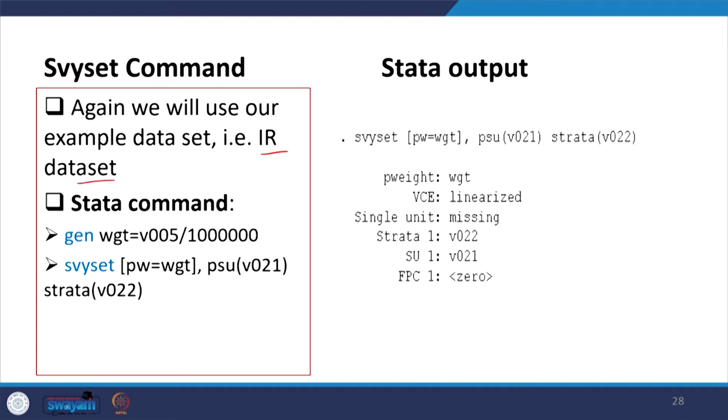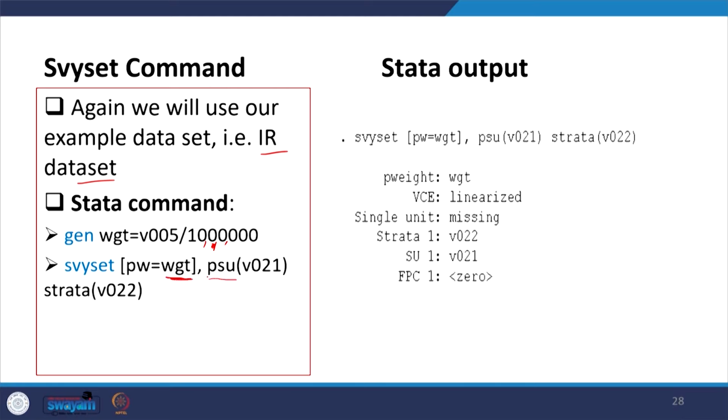The Stata command that we are going to apply is generate weight equals, scaled down to decimals, so again we are dividing it by 10 lakhs. All right, the SVY set command has to be applied like this, with PW and the weight variable we have already generated in our data.